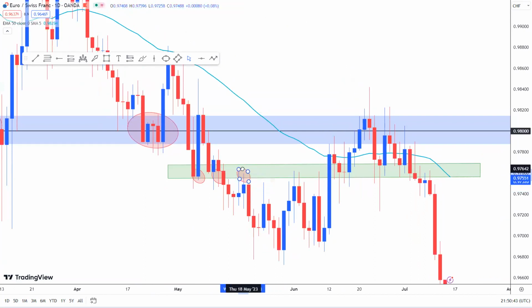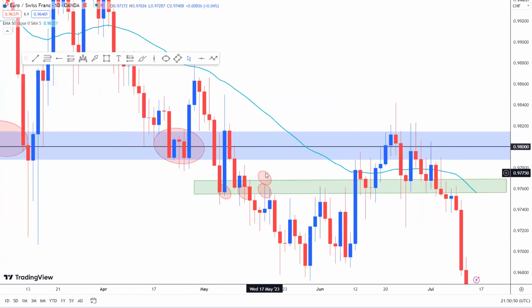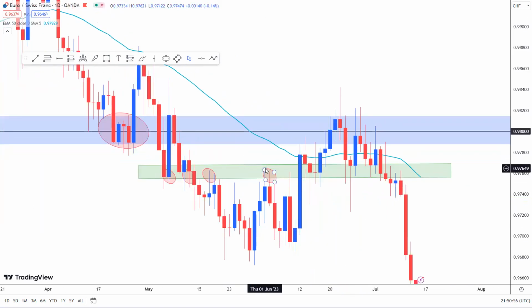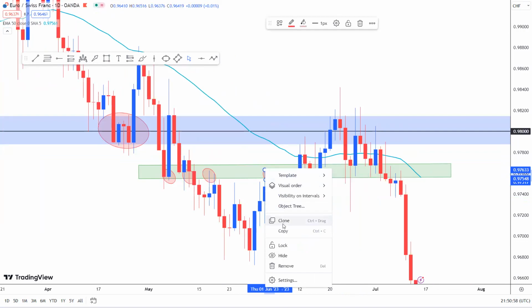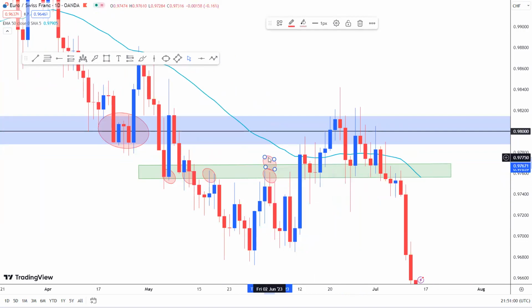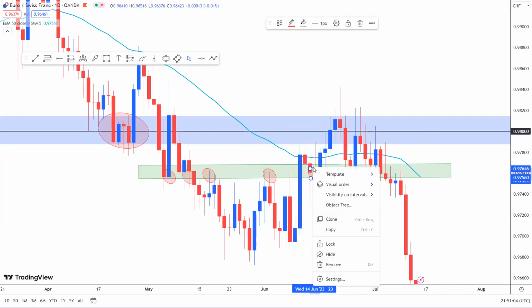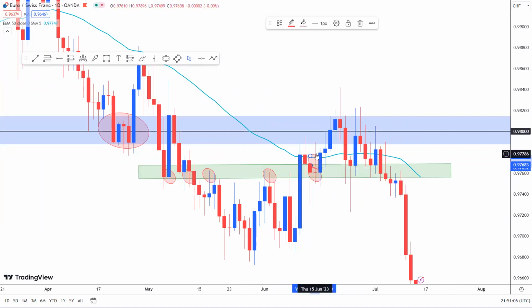And then when we're below, the level acted as a resistance. Also, the level acted right here as a resistance. We see the level here as a support.